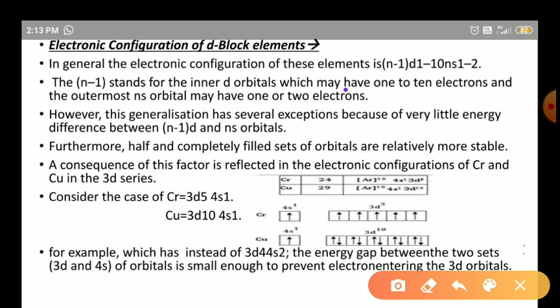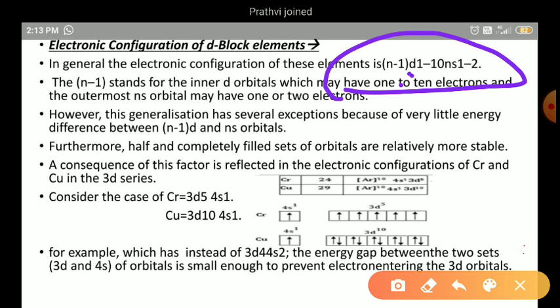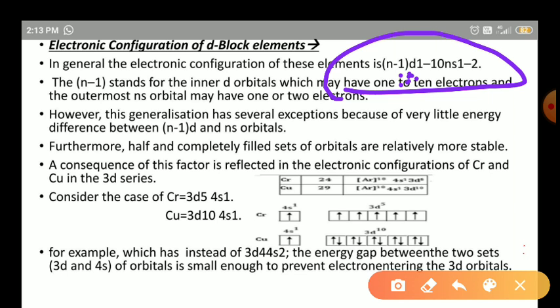This is the general electronic configuration of the d block elements. This one I am showing, this I am marking here.